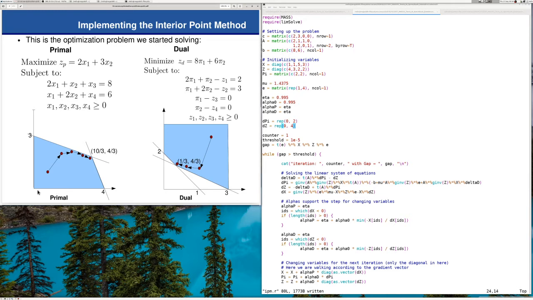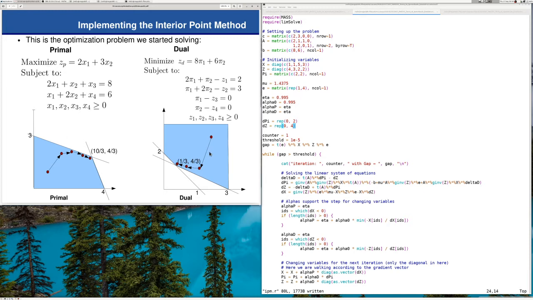So this is our primal space, this is our dual space. So I will start with some solution over here and walk towards the optimal for the maximization in this space.